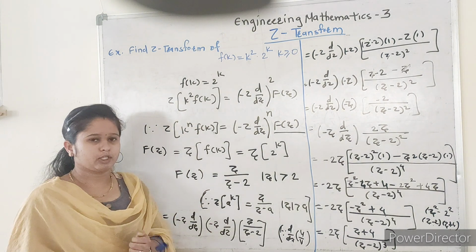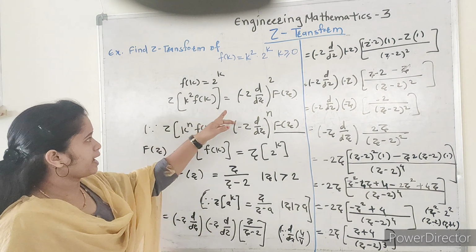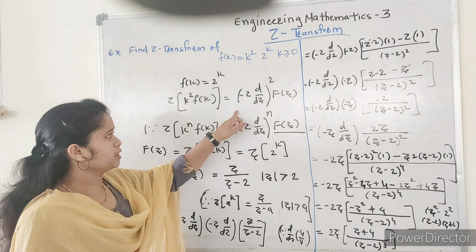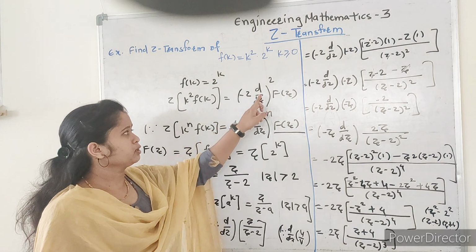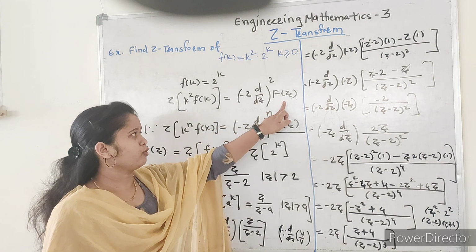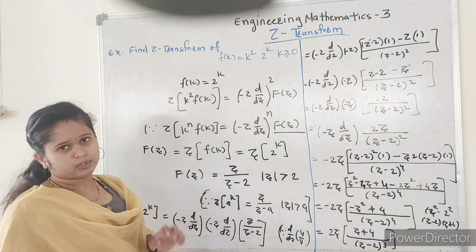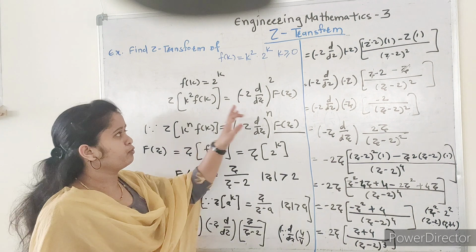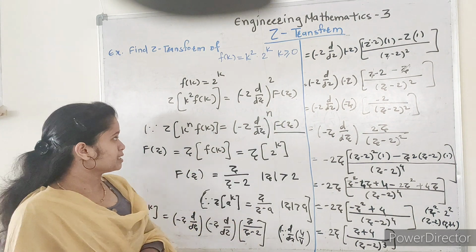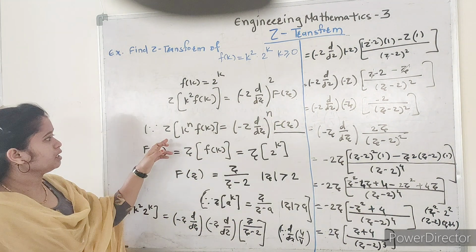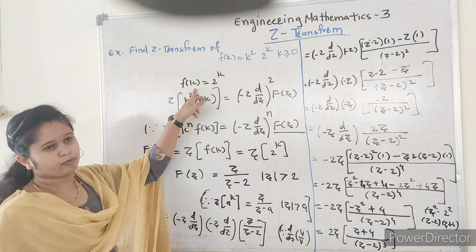From the multiplication by k property we can say that this z transform is minus z into d upon dz whole square of f of z. That means the second derivative of f of z. So for that we first find out f of z. What is f of z? F of z is the z transform of this f of k.